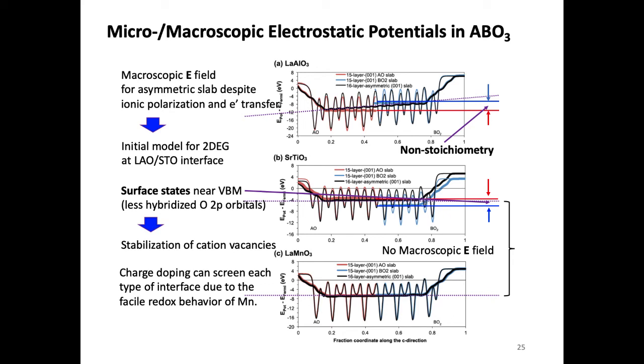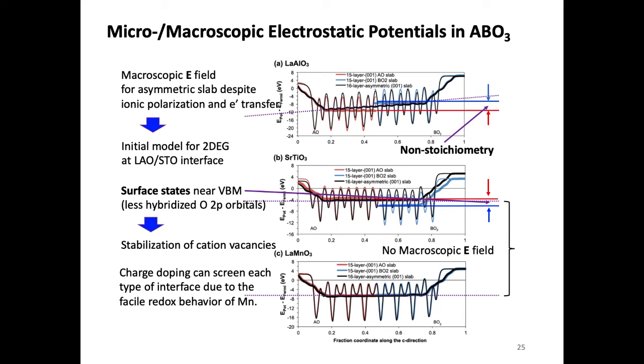However, as you can see from this calculation, you still have an electric field set up, which may destabilize the slabs overall. And this was the initial model for the 2D electron gas when we put LAO and STO together at the interface. And you can also see for STO, the surface stays near the valence band maximum, which is on the right side.